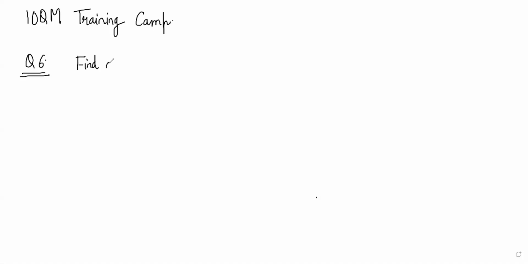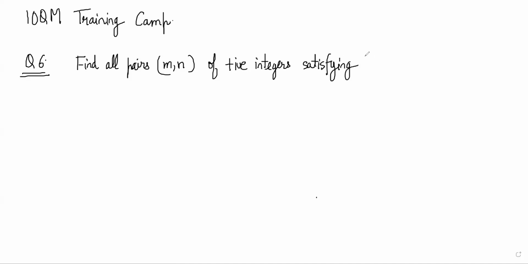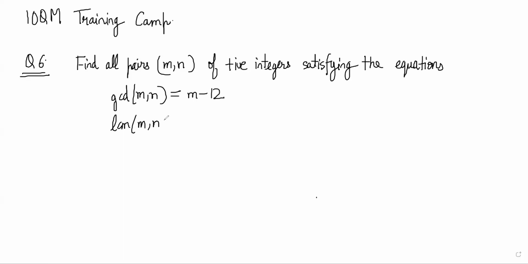Find all pairs m and n of positive integers satisfying the equations GCD of m and n is equal to m minus 12, and LCM of m and n is equal to 4n minus 12.